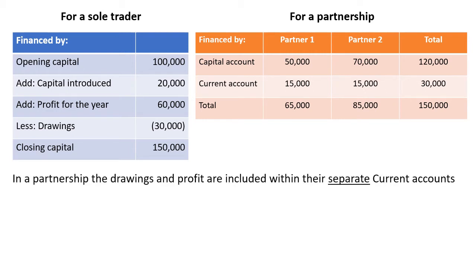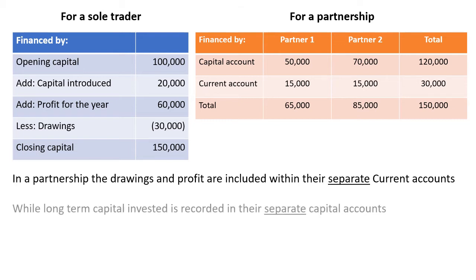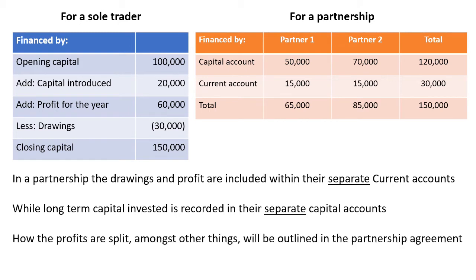So in a partnership, the drawings and profits are included within their separate current accounts, while long-term capital invested is recorded in their separate capital accounts. How the profits are split, amongst other things, will be outlined in the partnership agreement.